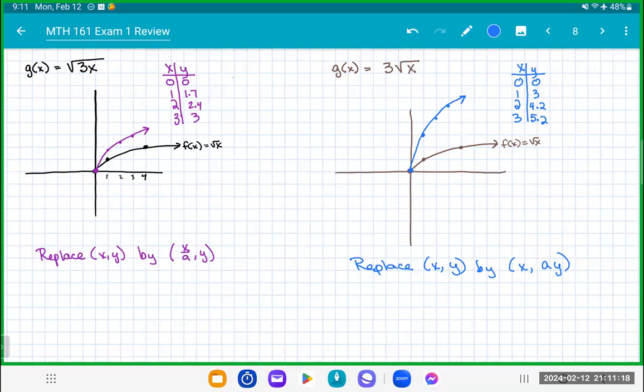So then you plug a 2 in there. The square root of 2 is, so 3 times the square root of 2 gives you 4.2. Okay, thank you. And then 3 times the square root of 3 gives you 5.2, roughly rounded. Okay.